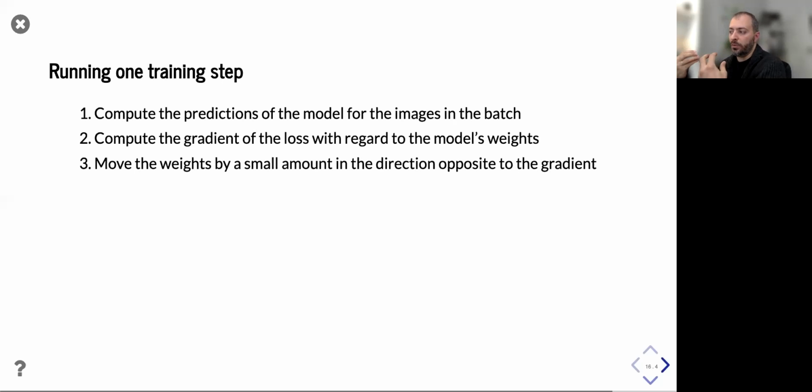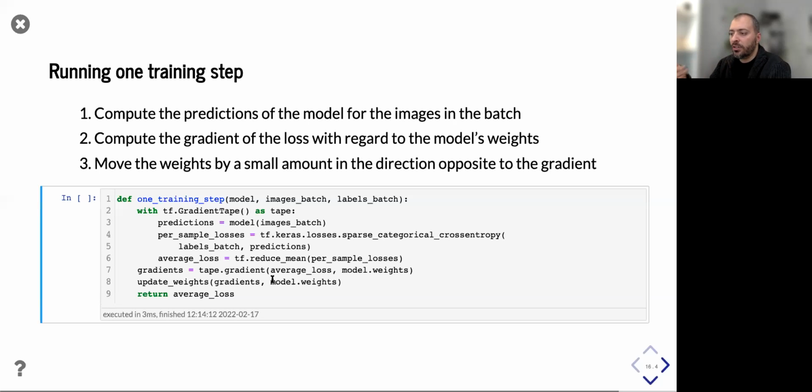So we compare it to the y-true, we get the loss, and then inside the tape context we compute the gradient. And after we have the gradient, we move the weights of all these parameters by a small amount in the direction opposite to the gradient, as we explained before. Okay, so this is actually how we do this.